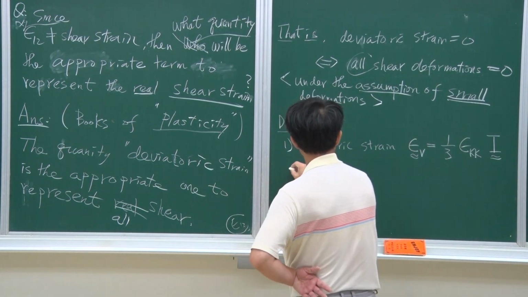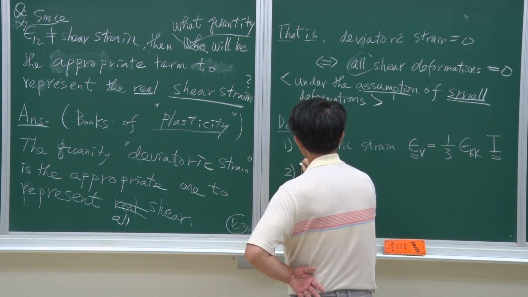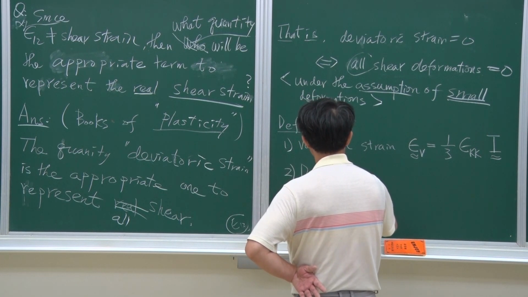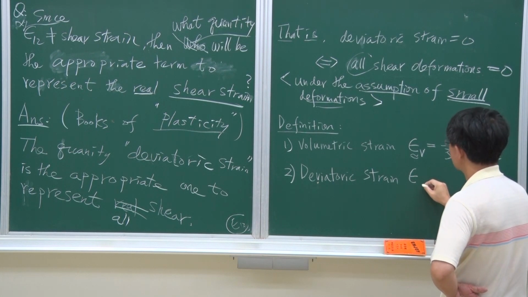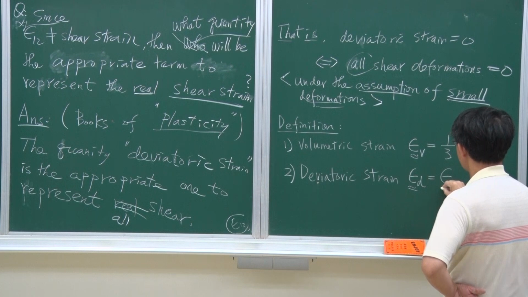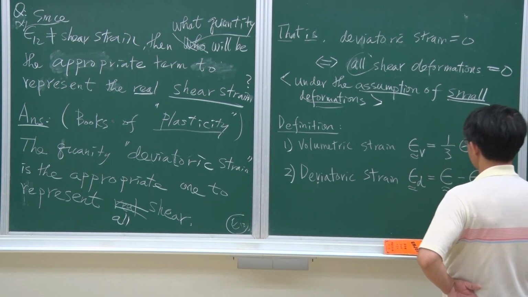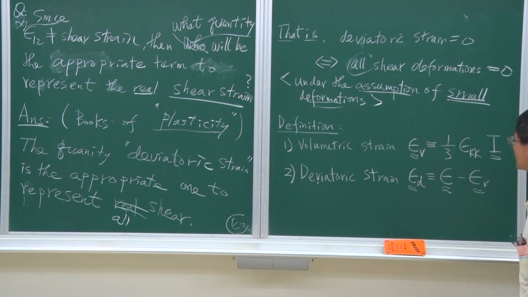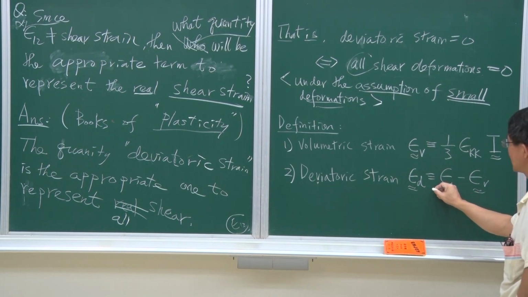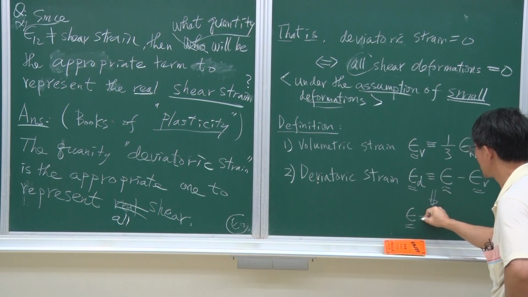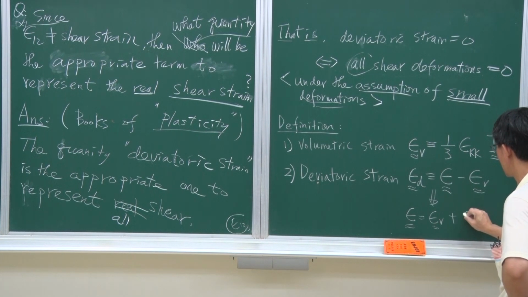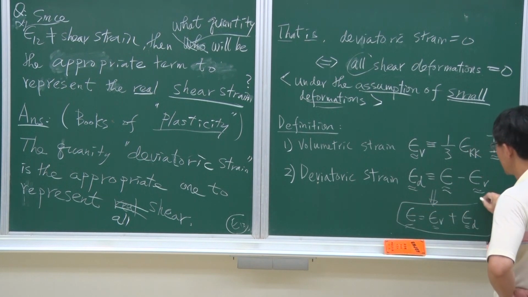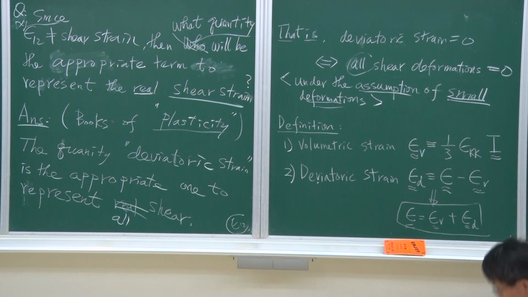And second, the deviatoric strain, epsilon D. By this, a classical strain can be decomposed into two parts.